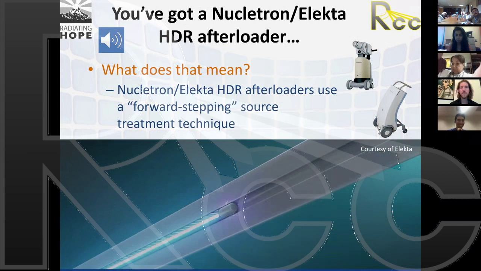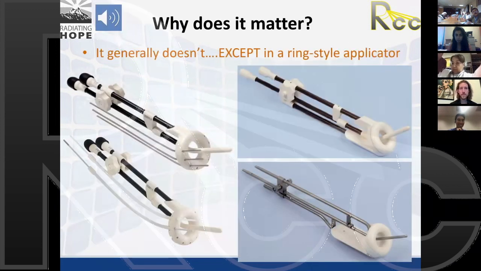So why does it even matter whether a source is stepping forwards or backwards inside the applicator during treatment? In the majority of cases, it makes absolutely no difference and won't affect the way you plan or treat the patient. The only real exception to this is if you're using a ring-style applicator.